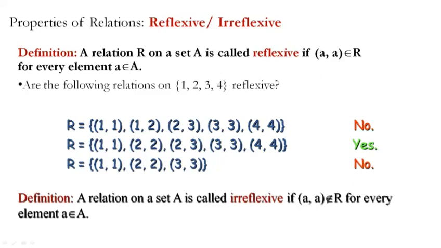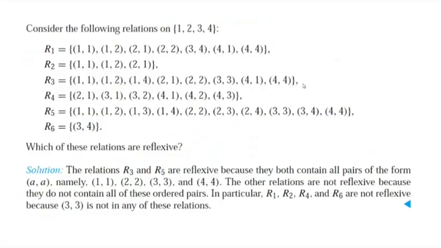Is it reflexive? Consider the following relations on {1, 2, 3, 4}. Here are the relations. Now here is the question: which of these relations are reflexive? Without looking at the solution, identify the relations.